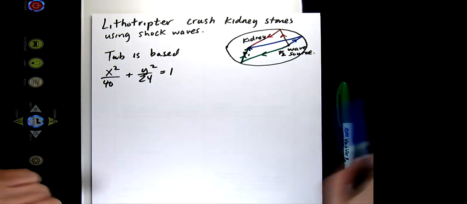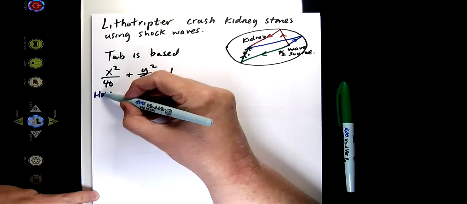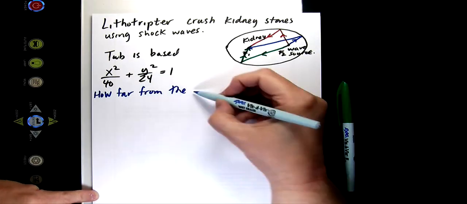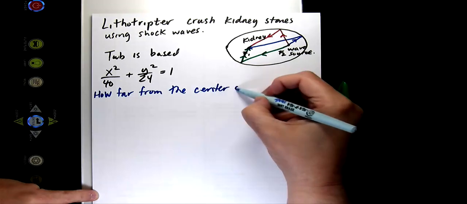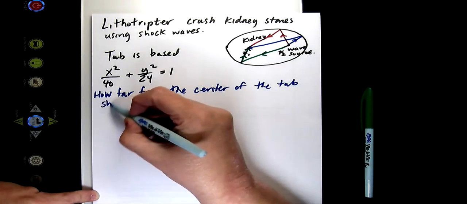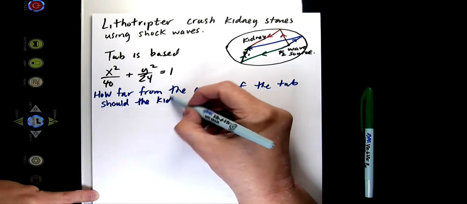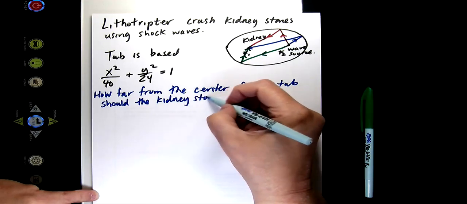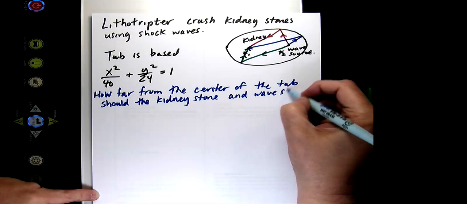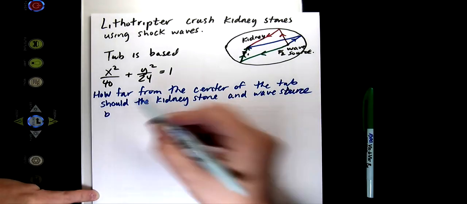How far from the center of the tub should the kidney stone and wave source be placed?